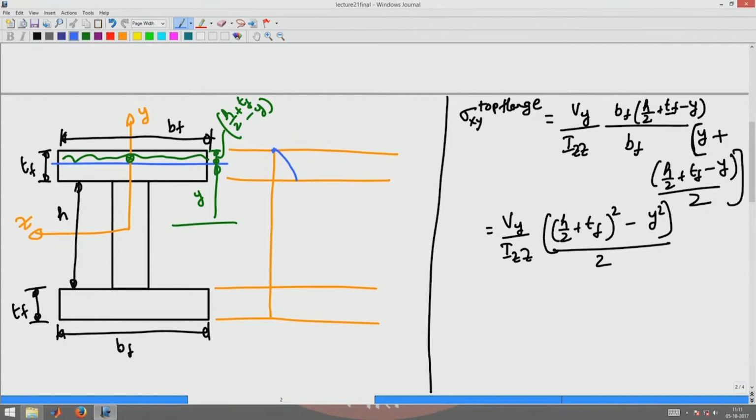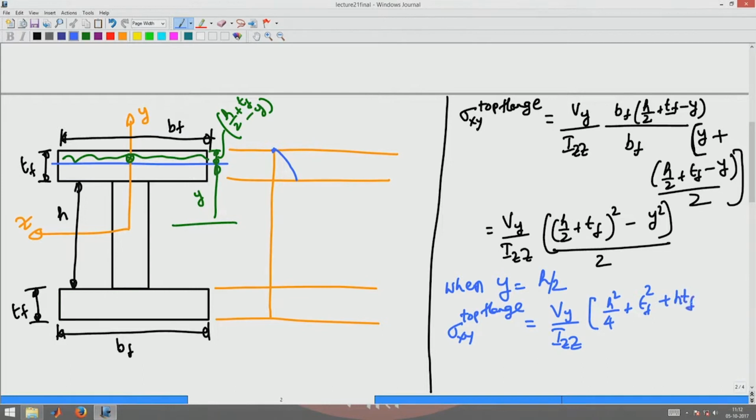When y is equal to h by 2, sigma xy of the top flange is Vy by Izz into h square by 4 plus Tf square plus h into Tf minus h square by 4, divided by 2.